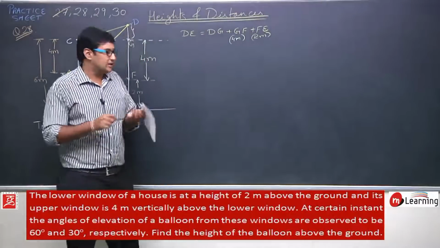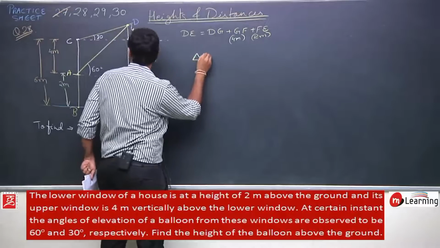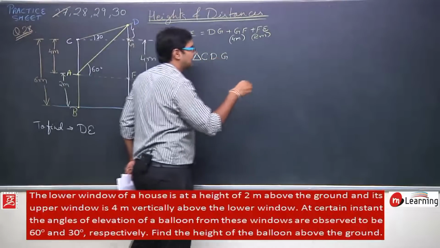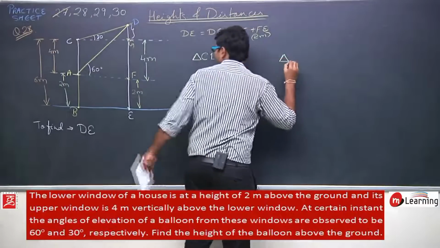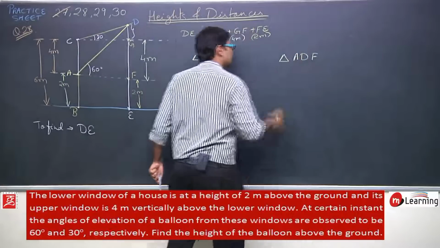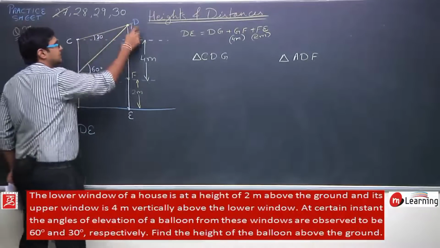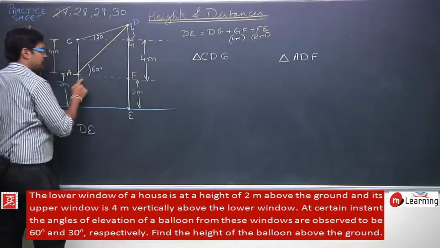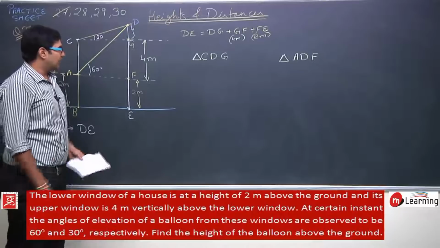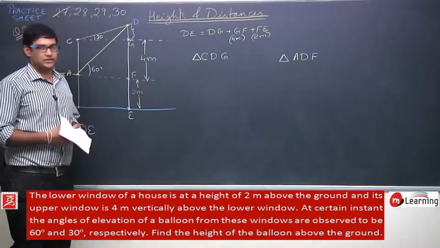Based on these two angles, I can write there are two right angled triangles. The first triangle is CDG, and another triangle is ADF. So I have these two triangles, CDG and ADF. Now in both the triangles, what is the common thing between the two triangles?